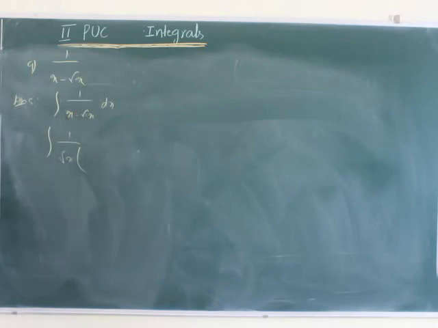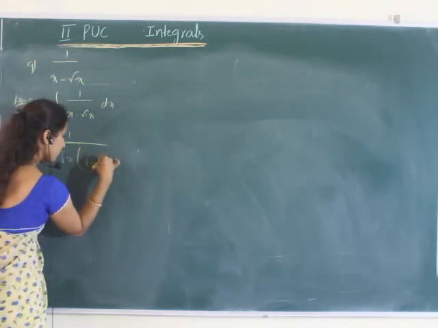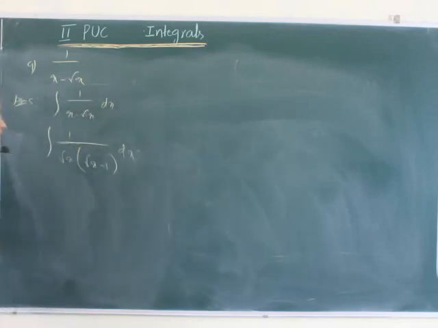If I take one √x outside, what will remain? The remaining will be one more √x, minus 1. So it is 1 by √x into (√x minus 1).